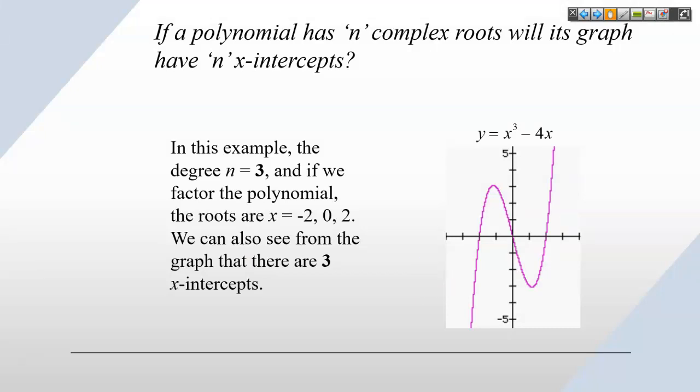By definition, a cubic will have 3 complex roots. In the case of that graph, all 3 complex roots are real. They have 3 x-intercepts, at -2, 0, and 2. So again, it's a degree 3 with 3 real roots.